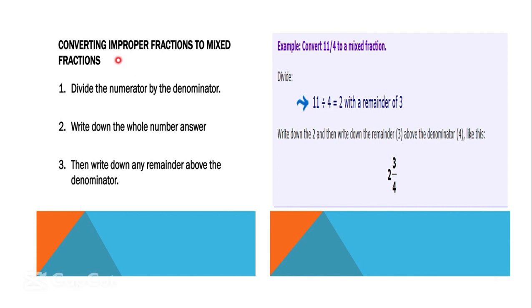We have 3 steps. First, divide the numerator by the denominator. Next, write down the whole number answer as your answer. Then write down any remainder above your denominator.